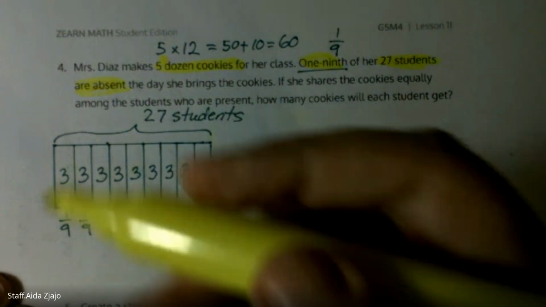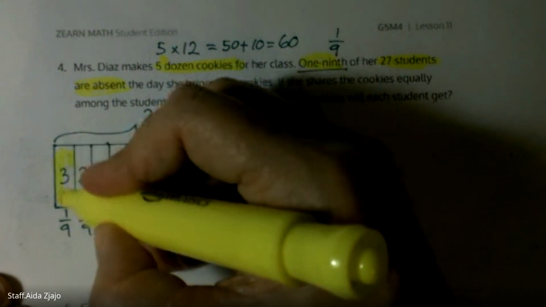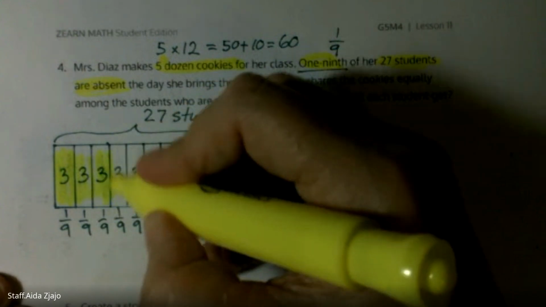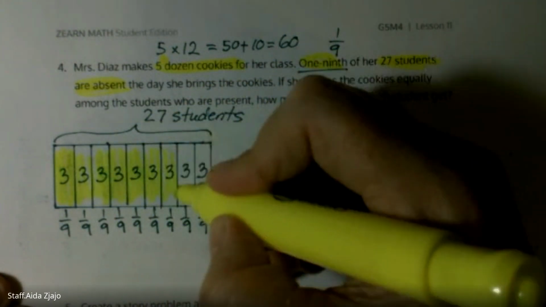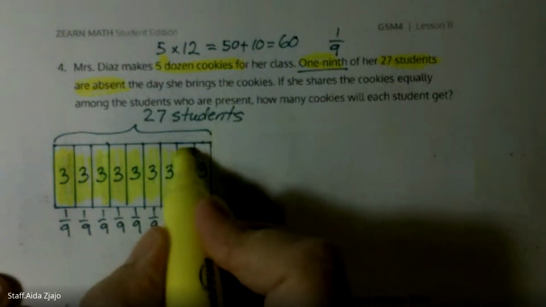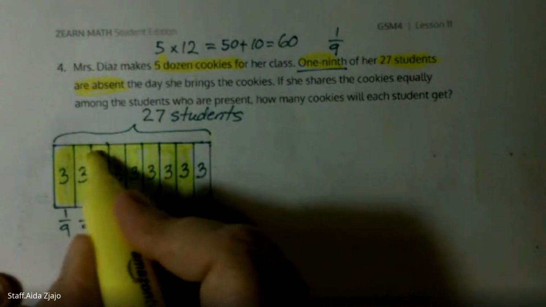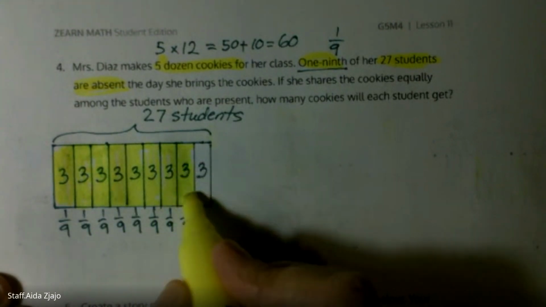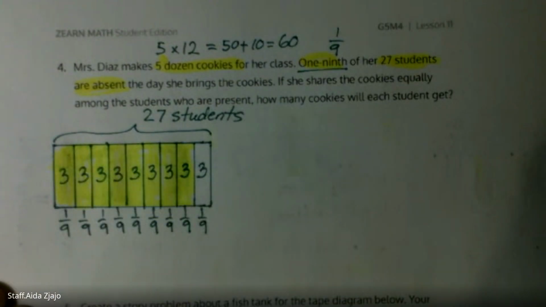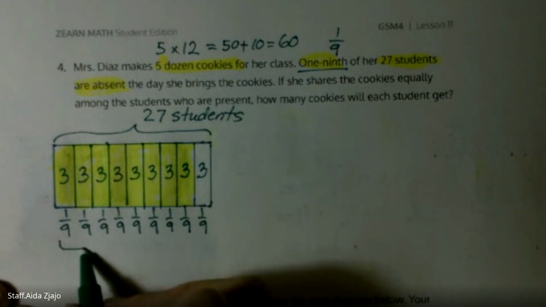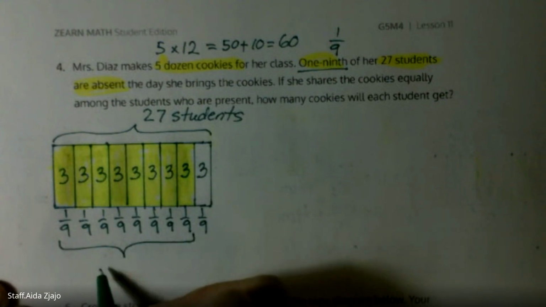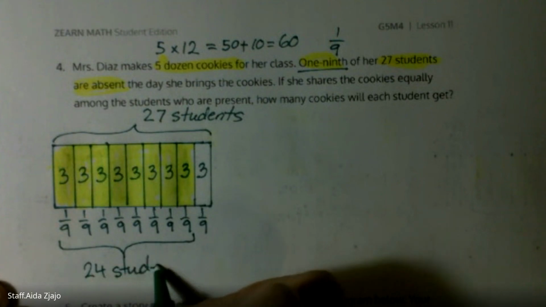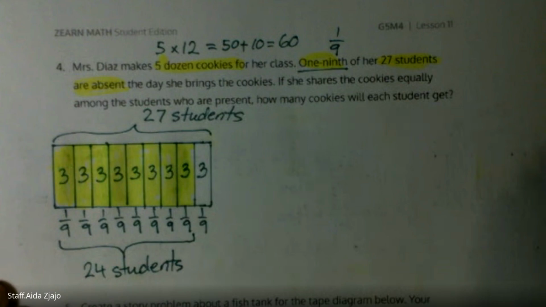So right now we can see the students who are still there, which, if we think about 8 times 3, is 24. So that means there are 24 students. So this is 24 students that she will share cookies with.